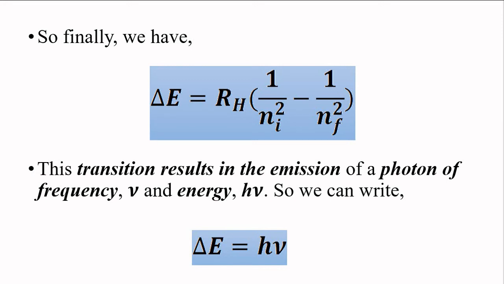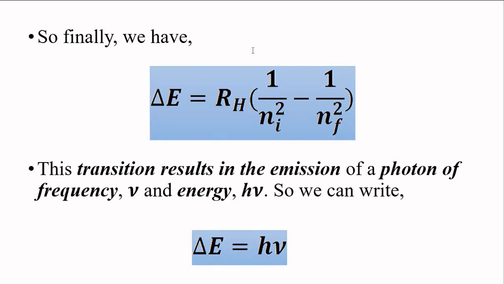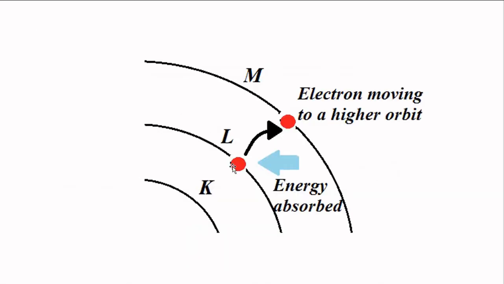So here the transition of electrons from a lower orbit to a higher orbit requires absorption of energy equal to the difference between these two levels, initial and final level. Suppose an electron wants to jump from a lower orbit to a higher orbit.